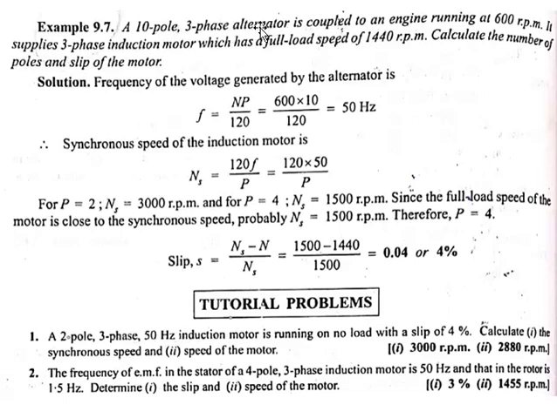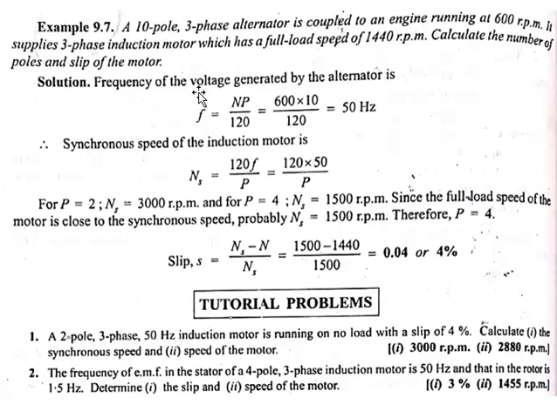Basically, when you see an alternator in an induction motor problem, most probably it is given so that you can calculate the frequency. Now it supplies a 3-phase induction motor which has full load speed N of 1440 rpm. Calculate the number of poles and slip of the motor. So we have to calculate P on the induction motor and percentage slip on the induction motor.